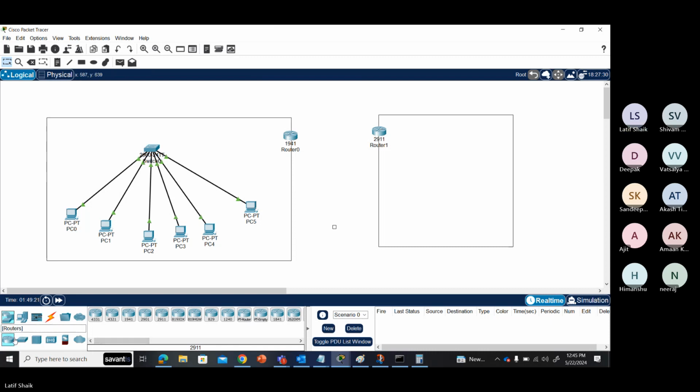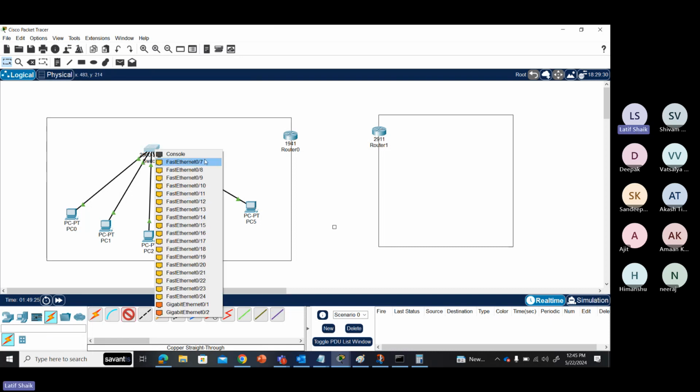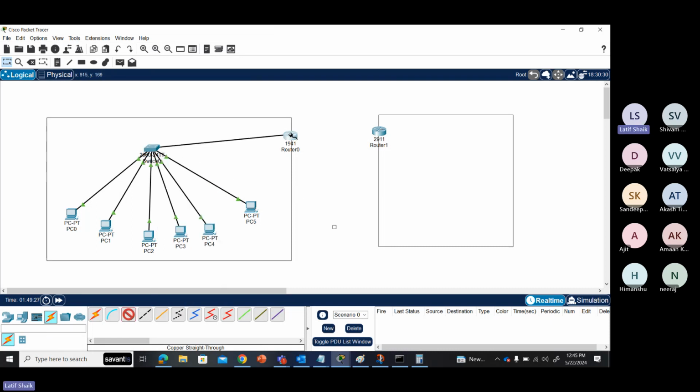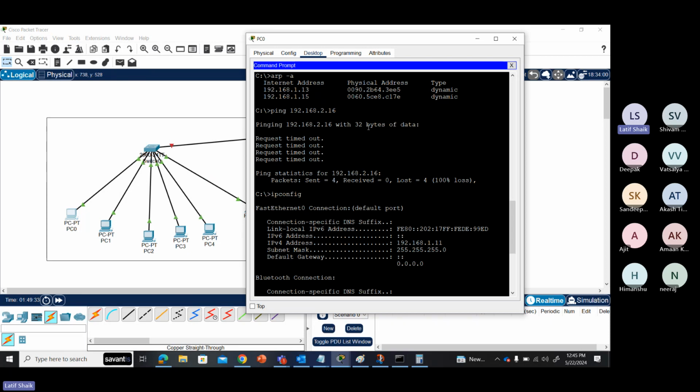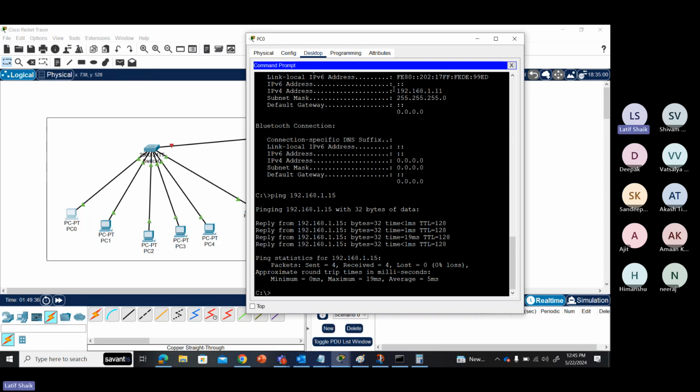Here I use gigabit Ethernet. So that packet will go out. My IP address is this one, right? 1.11.